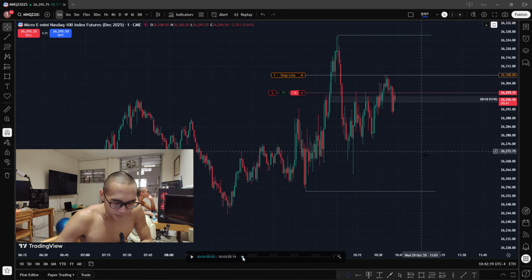First partial taken at 28 points, and then moving close to the opening range low, and bam, there we go. Opening range low taken, 50 points given just like that, easy scalp. And yeah, that's it for this trade.